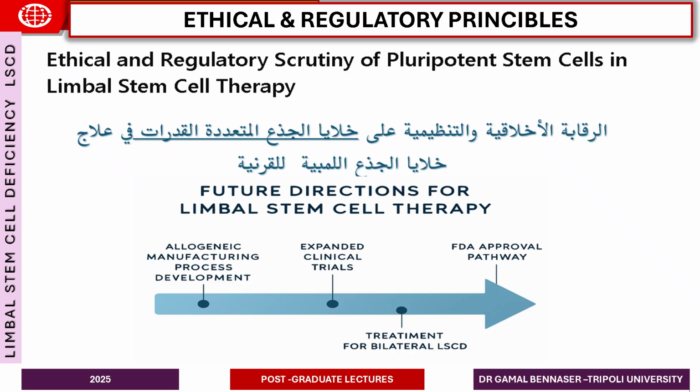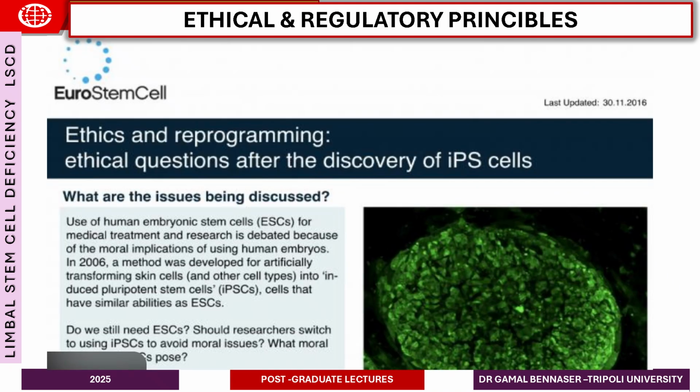Another reason is that there are a lot of moral and ethical obstacles facing this type of therapy, especially for the use of pluripotent stem cells and embryonal stem cells. As you know, pluripotent and embryonal stem cells can differentiate into any type of adult cell. Especially with embryonal stem cells, using these cells means that you are going to destroy the embryo, because the cells are taken from the 5th to 7th day of blastocyst formation.